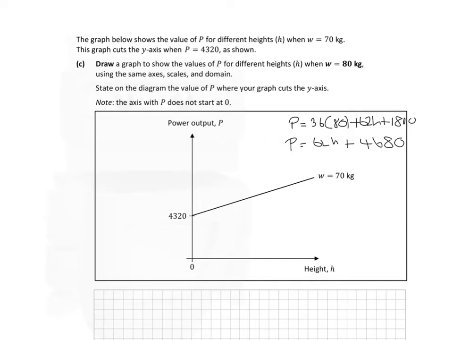So when H is 0, that will basically cancel out, and P will be 4,680. Okay, so I'll be marking P roughly around here, and that will be 4,680. And the line will just be a parallel line to where W is equal to 70, because in this case W is going to be equal to 80 kg.